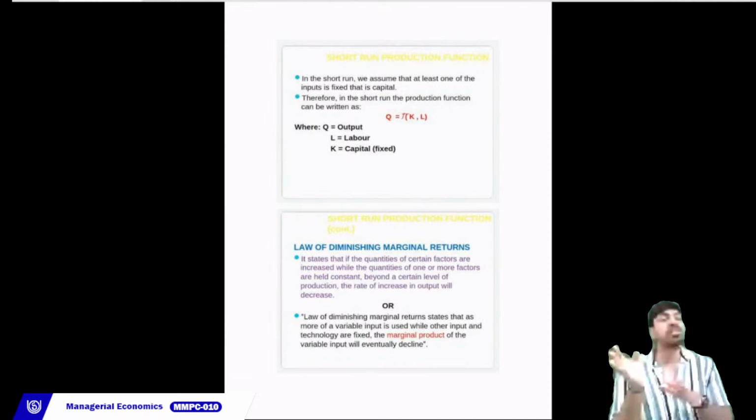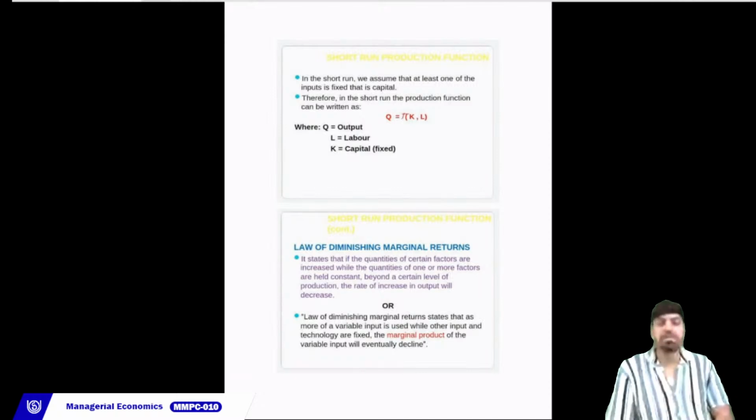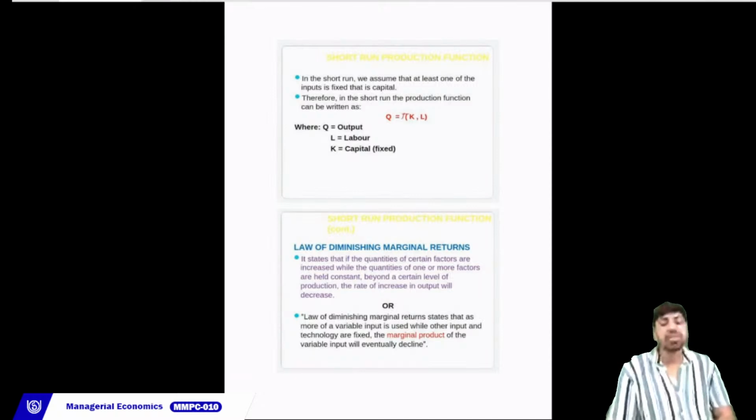Or, in other words, you can use this definition as more related to the marginal product: as more and more variable inputs are used while the other inputs remain constant, the marginal product of such variable input will decline. So that's called the law of diminishing marginal returns. What the law states has to be followed accordingly.